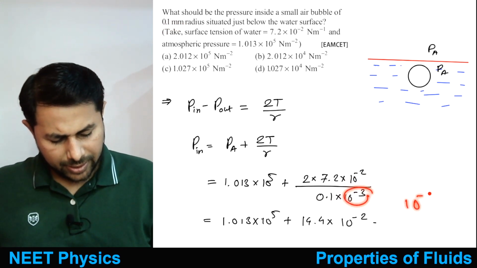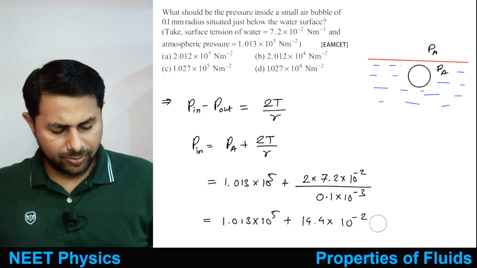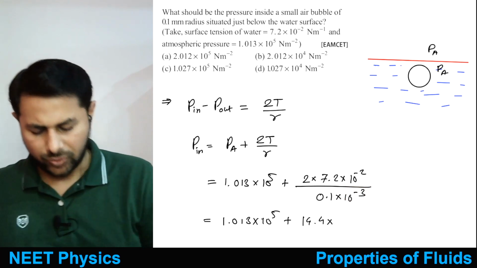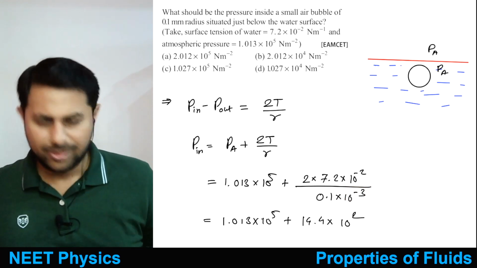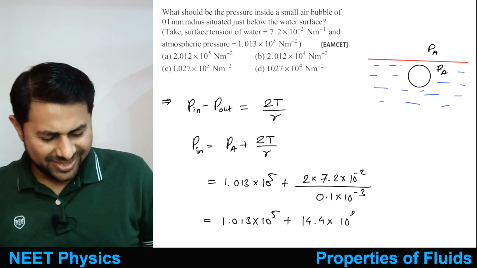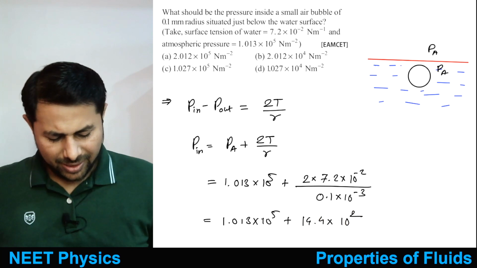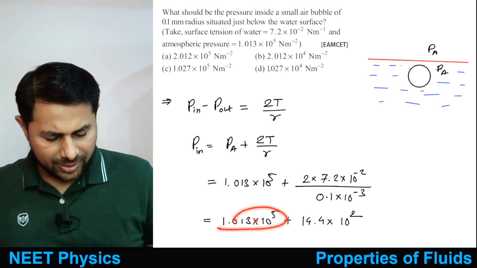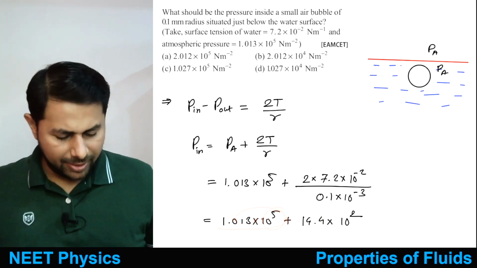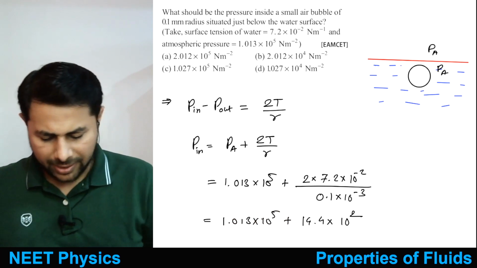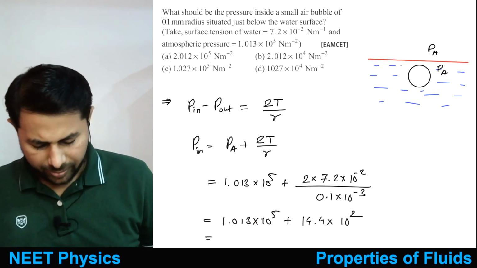So 10 raised to minus 4 in denominator will become 10 raised to 2. Now I want to make this power equal, then only I will be able to add it up.